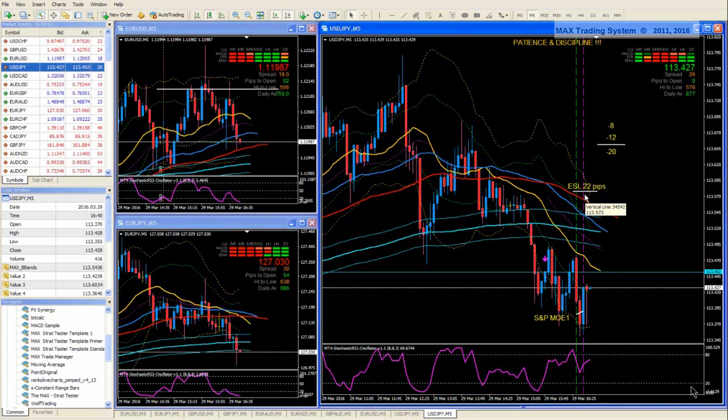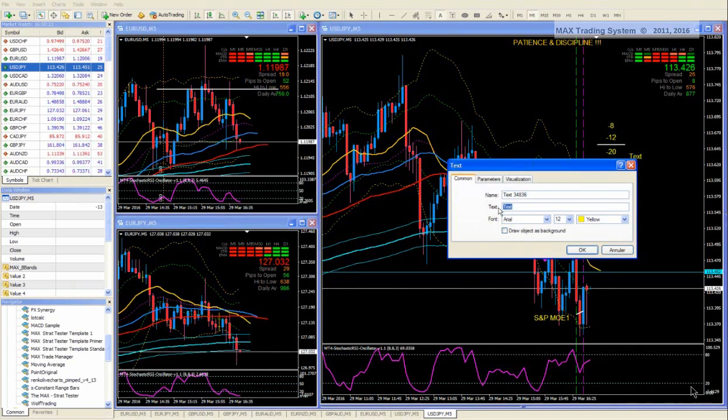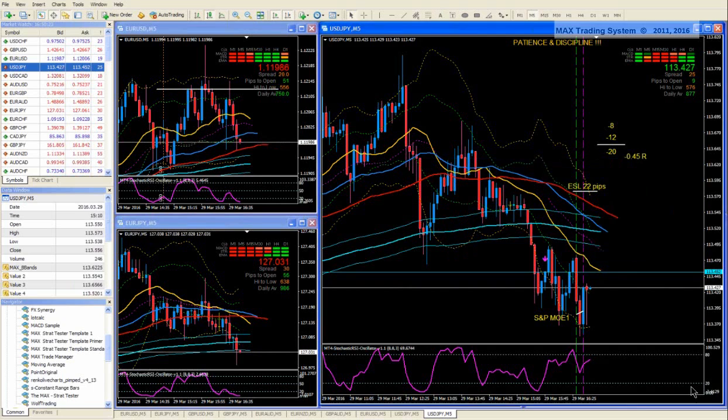And so we get a negative reward to risk ratio of minus 0.45 R, R representing the risk. The first remark we can make is that this loss is less than the full loss on the stop loss. Less than half.